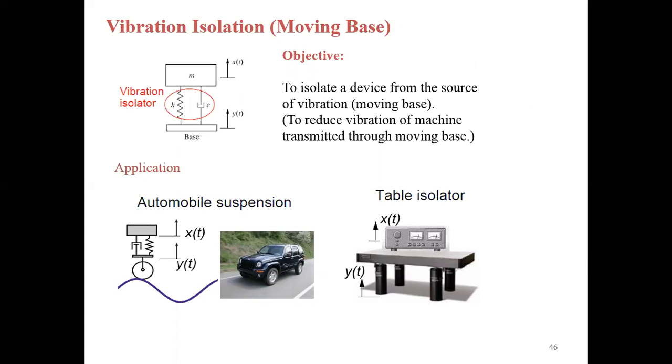If vibration is produced in the system, then we have to isolate that vibration to prevent the body from any kind of damage or loss. To isolate a device from the source of vibration, we have to reduce the transmission of machine vibration. We use the automobile suspension or the shock absorber, which contains a spring and damper, to reduce the vibration, right?